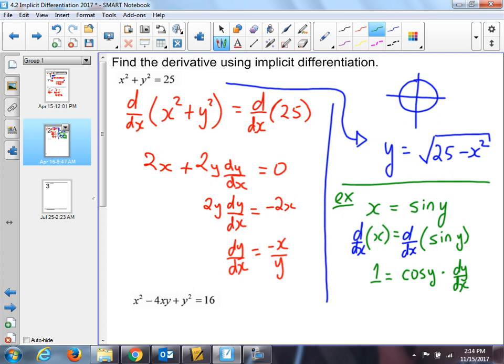Now, I haven't solved for dy by dx. I just need to get rid of the cosine of y, so I put it like this. 1 over cosine of y is equal to dy by dx. There, you've got it solved. However, I'm pretty sure the answer book won't have it that way. So if you know your reciprocal functions, and you know the other ones you should know, the quotient identities, right?